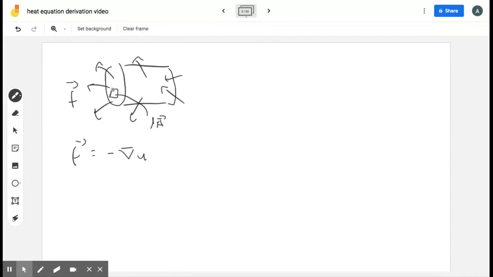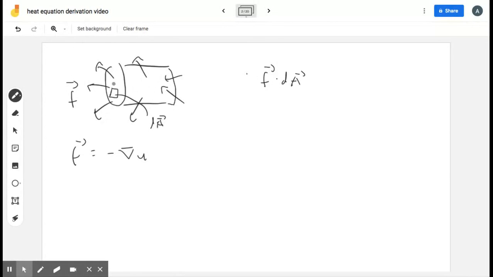And what I'm going to do is take the heat flow vector F and dot it with dA. And what that's going to do is tell me how much the heat flow vector field is coming out of this material made of some shape.